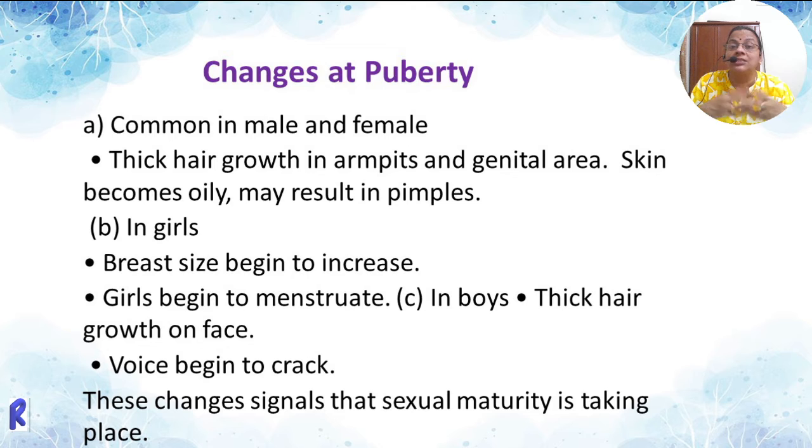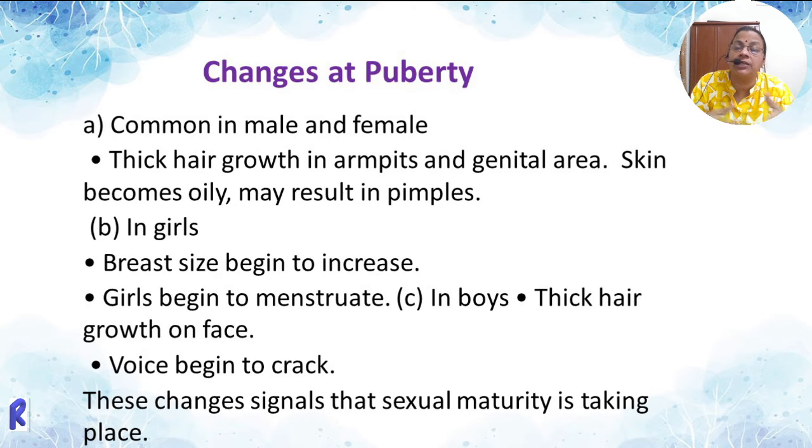The secretion is called semen. He will start ejaculating semen outside, in the night time and also when he is sexually excited. All these are the pubertal changes that happen.